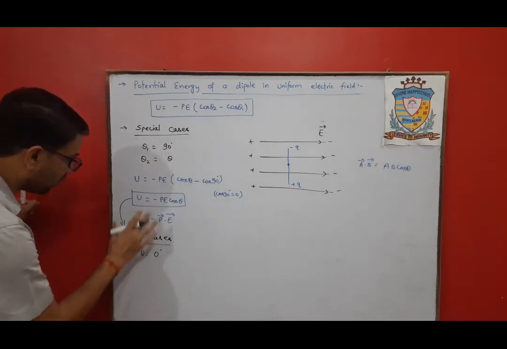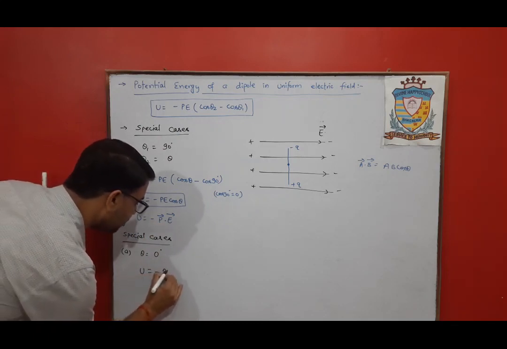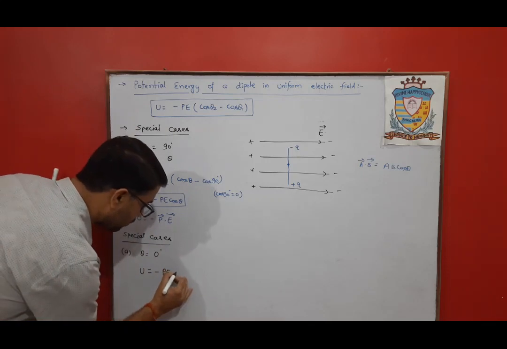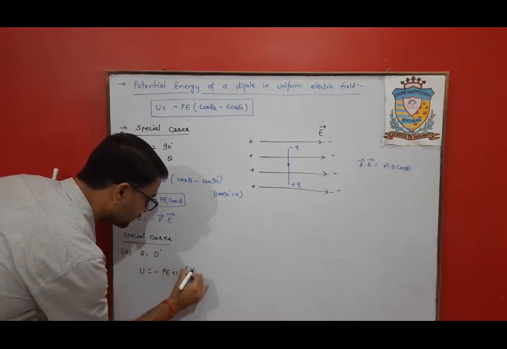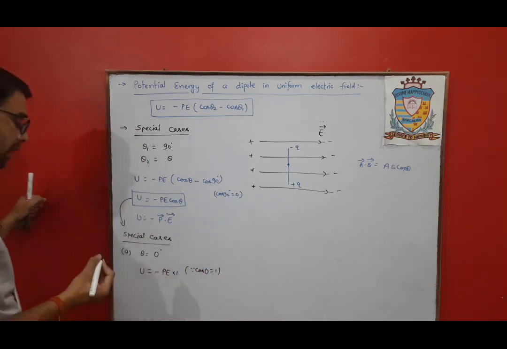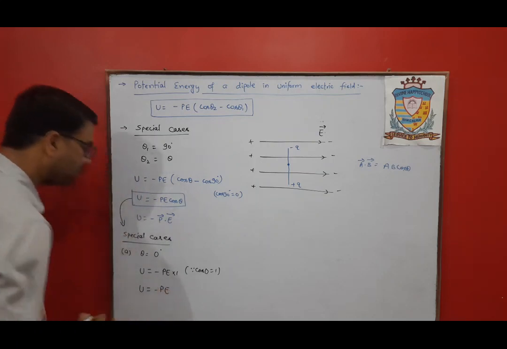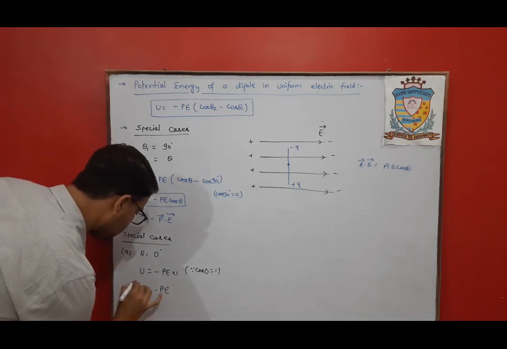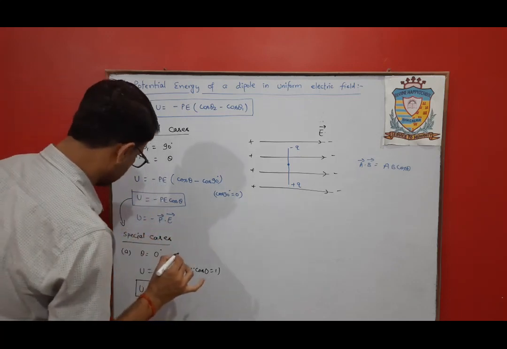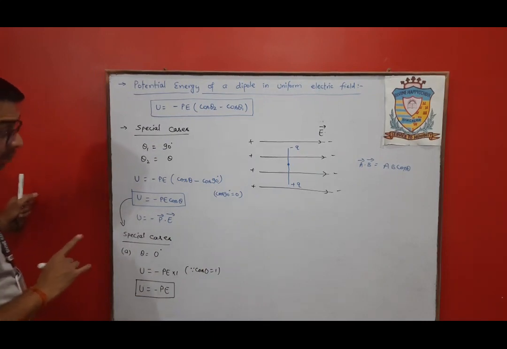So if we put 0 degrees over here, u is equal to minus Pe, and cos 0 degrees is equal to 1. So u is equal to minus of PE.